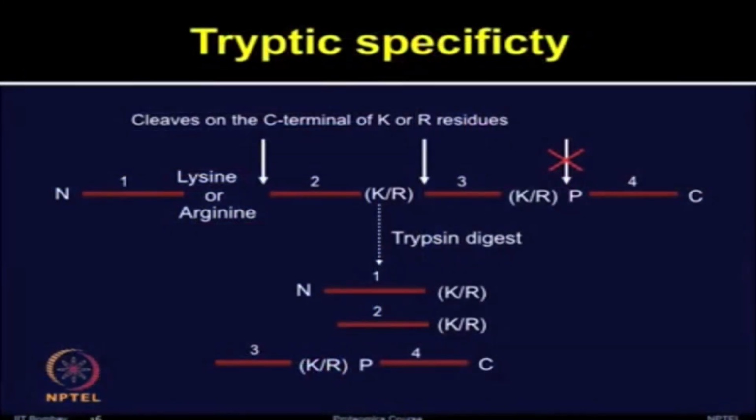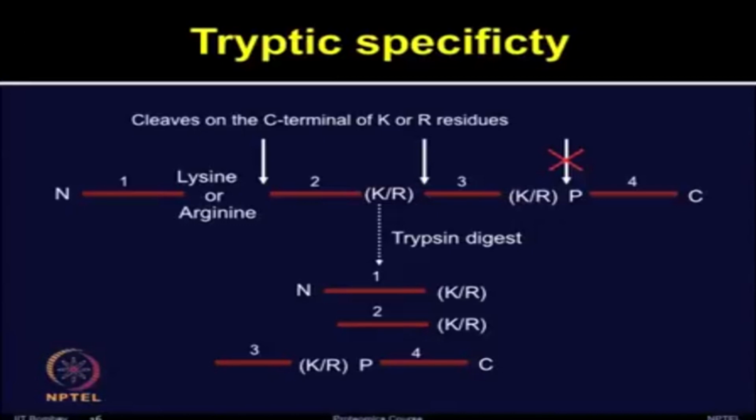The enzymatic digestion can be performed with various enzymes, but typically with trypsin, which cleaves at the C-terminal of lysine and arginine residues, but exceptions can occur with proline. If proline is present, then that breakage will not happen.